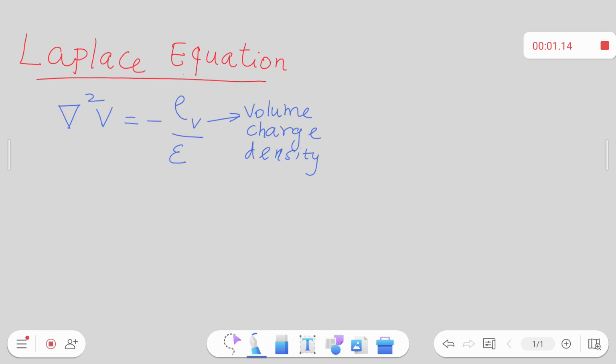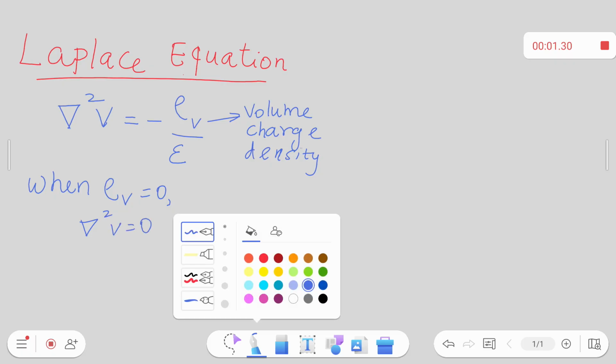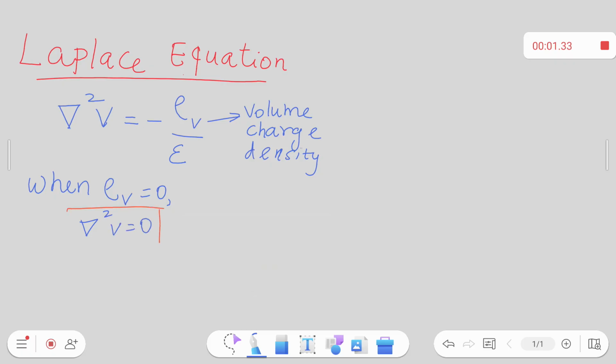So this equation says del square V equal to minus rho V by epsilon. When the volume charge density becomes 0, then this Poisson equation becomes del square V equal to 0. So this del square V equal to 0 is called as Laplace equation.